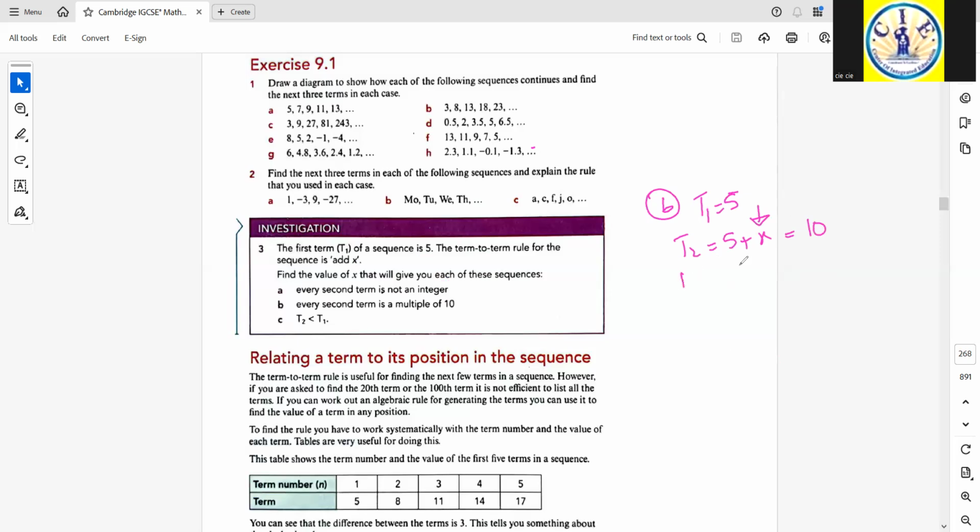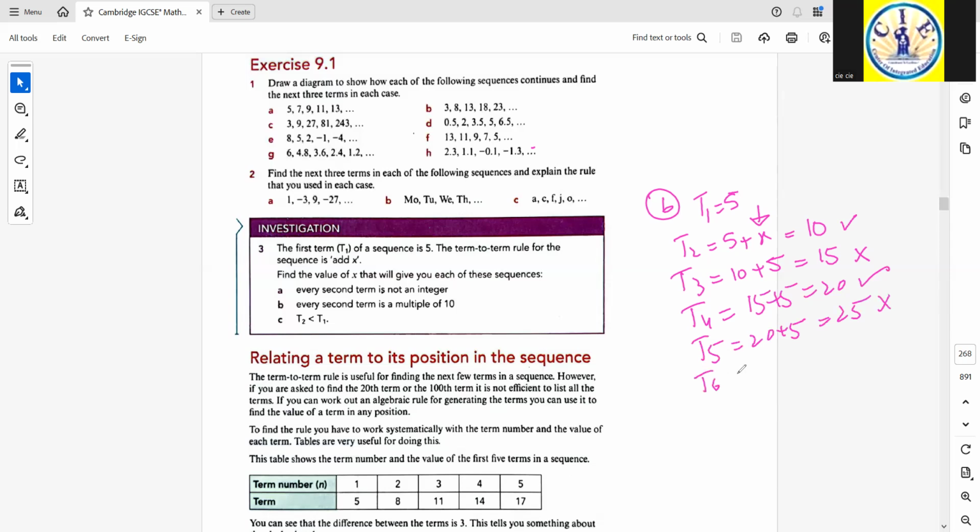Now T3, 10 plus 5 again. Now this is not a multiple of 10, but the next term will become 20. That is a multiple of 10. Then T5 will be 20 plus 5. That is 25. That is not a multiple of 10.